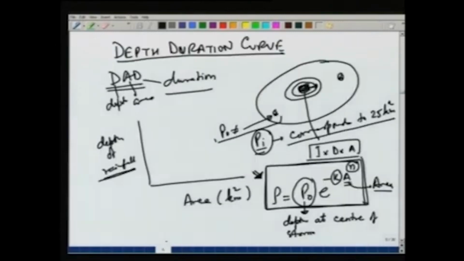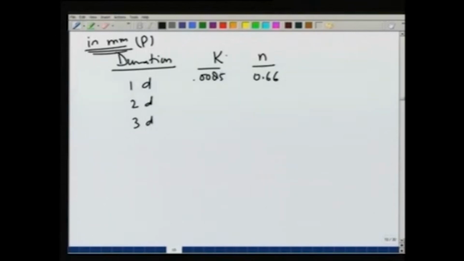Area is, as I said, generally in square kilometers and P in millimeter and P naught also would be in millimeter. Actually, P and P naught will have the same units. So, we can use both of them in centimeters or both of them in millimeters. The units of K will affect the constant K. So, here the constants which we are showing, 0.00085, are based on area in square kilometers.